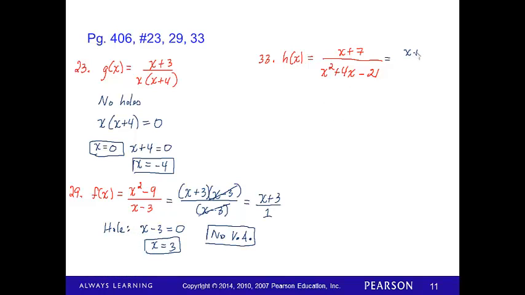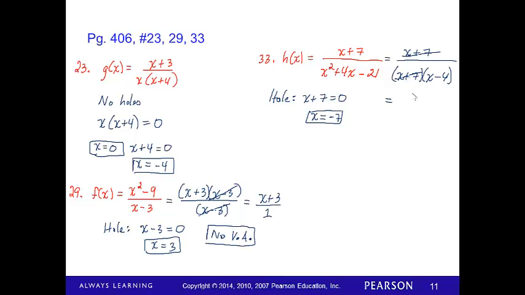So the numerator stays x plus 7, and the denominator becomes x plus 7 times x minus 4. And then the next step is to cancel out any common factors. So x plus 7 is canceled out, which means we have a hole at x plus 7 equal to 0, which is located at x equals negative 7. So you have a hole at x equals negative 7.